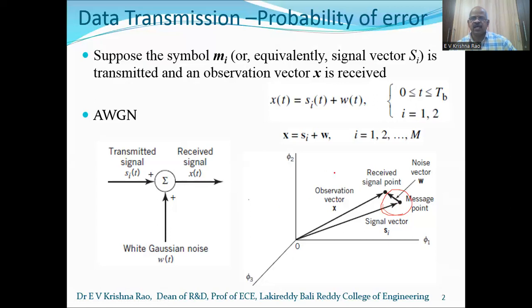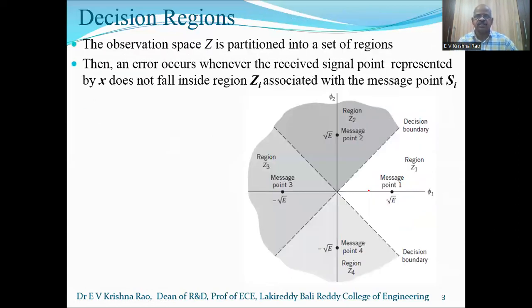In this space diagram, the signal vector is represented in an n-dimensional space, where phi 1, phi 2, phi 3, etc. are the orthonormal basis functions. If we see this space diagram, message 1, 2, 3 and 4 are given as an example.